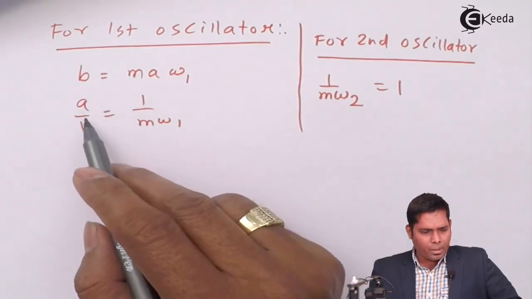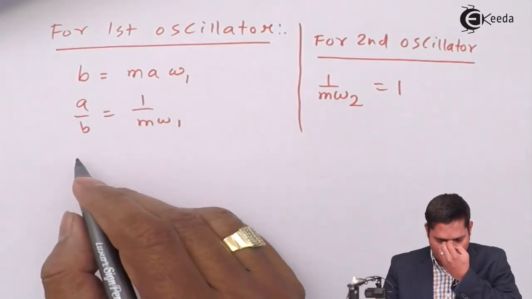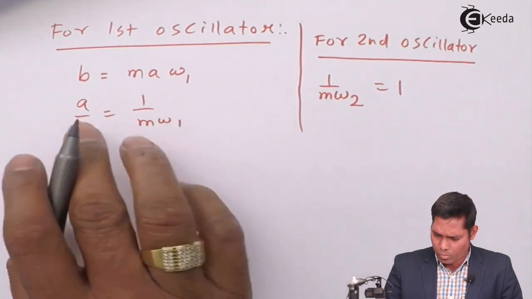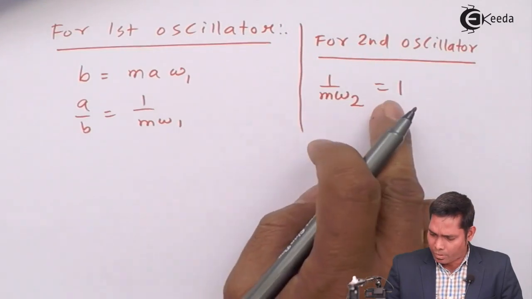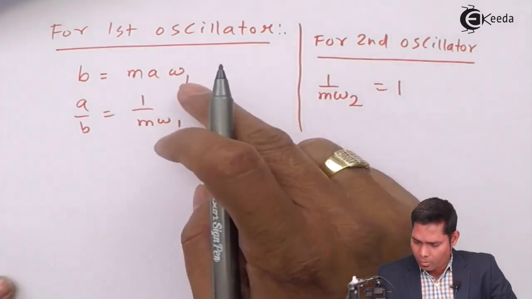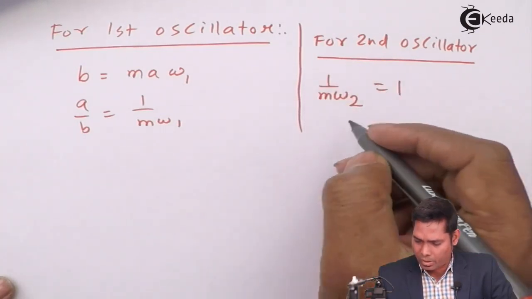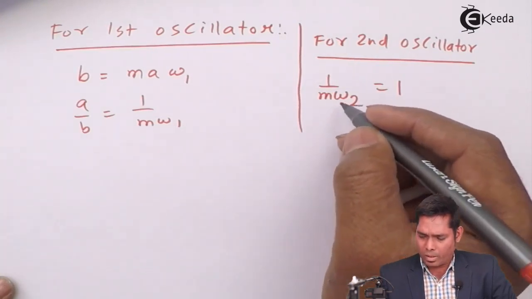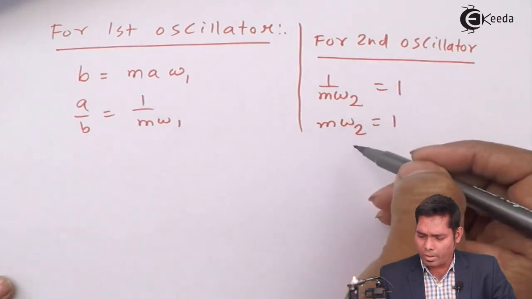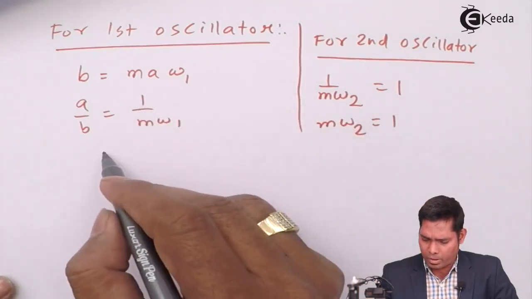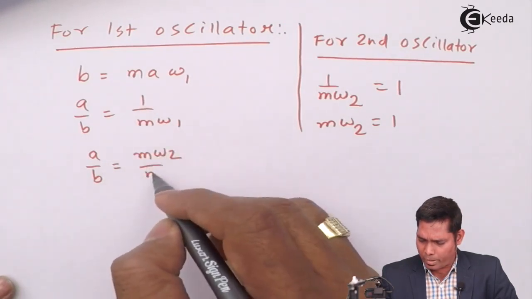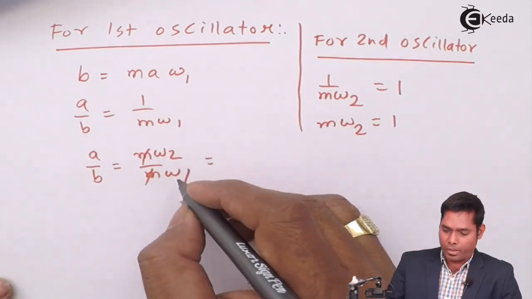So a by b is n square, so I can write, if I put m omega 2, then it is a by b equals m omega 2 by m omega 1, which is equal to omega 2 by omega 1.